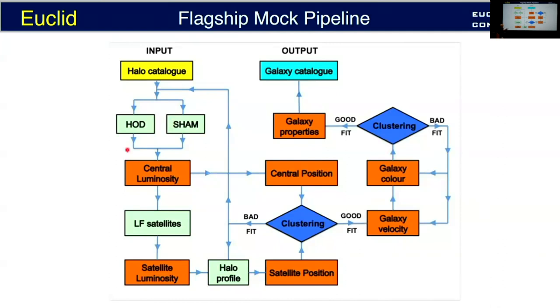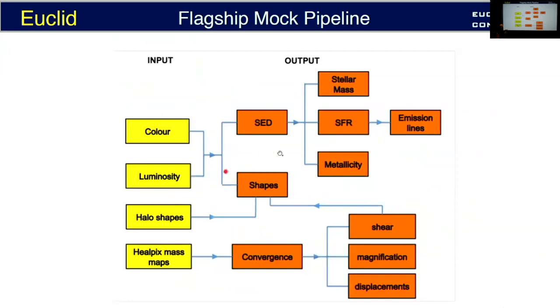And then we do abundance matching. We need to define a luminosity function as input. We assume halo profiles, and then we do several things here for the halo properties. The other step that is very crucial is how you go from the colors and luminosities to SEDs. That's a delicate step where machine learning, I think, can play a very important role.